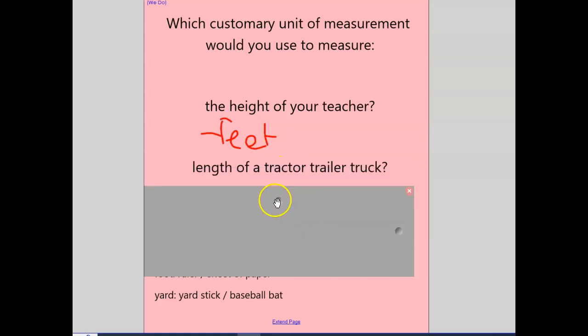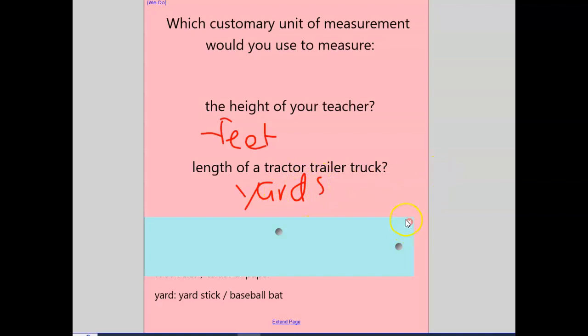Here's my next one. The back of a tractor trailer truck. Would you measure that in inches, in feet, or in yards? Awesome. That would be in yards. And then finally, the pencil. Would pencil be inches, feet, or yards? The answer is awesome, inches.